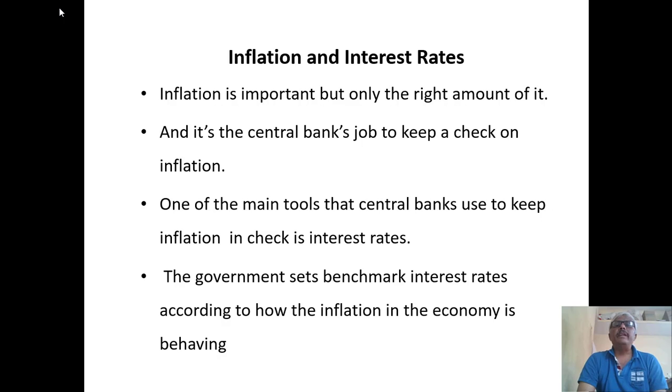Next, inflation and rate of interest. See, inflation is important, but only at the right amount of it. Here we need to keep in mind there are many arguments. J.M. Keynes, in one place, said that this is how unemployment can be eradicated.